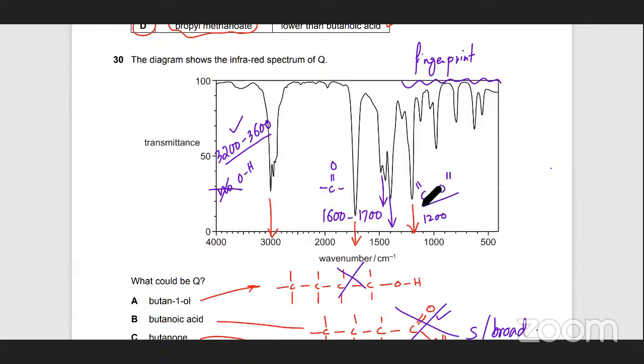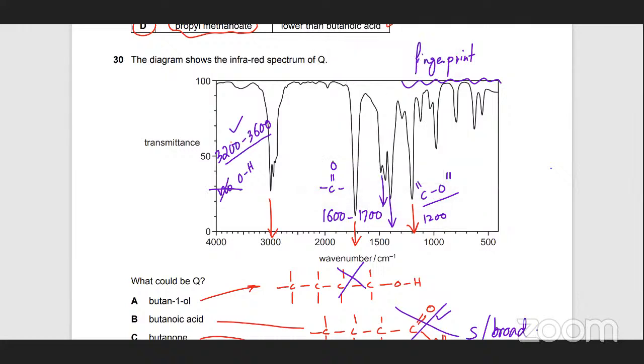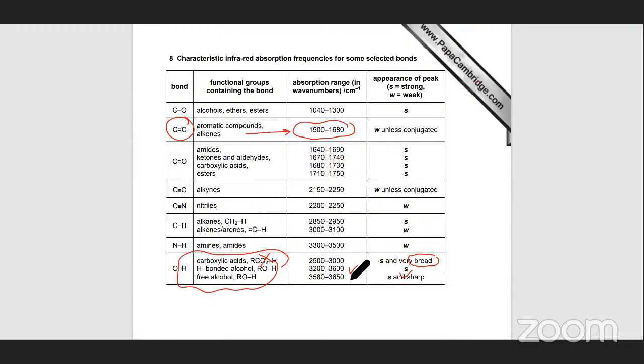But still, the question is this peak. This peak was actually quite clearly visible. Initially I did not take this as an OH peak, but this peak was quite clearly visible, the C single O. So my assumption is, and you can note this down, that the OH peak has to be very strong, because the data booklet is suggesting that.